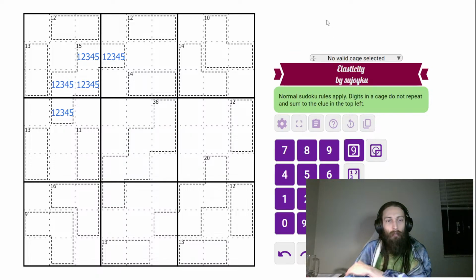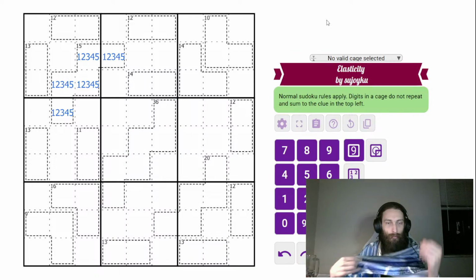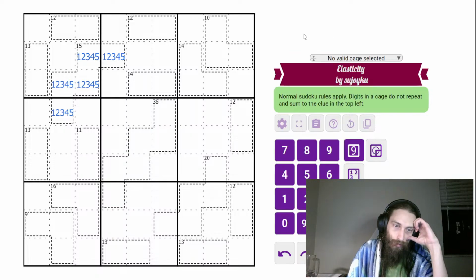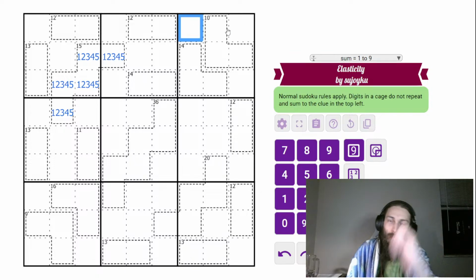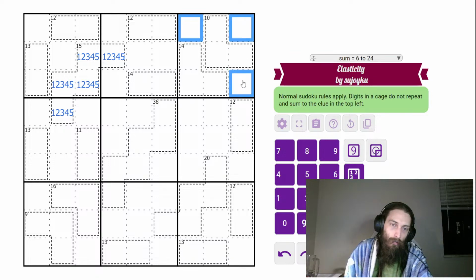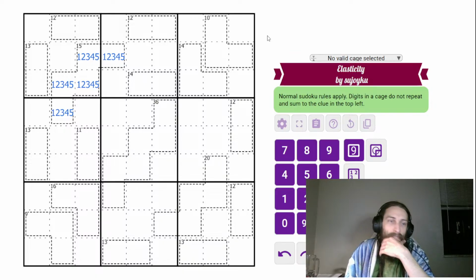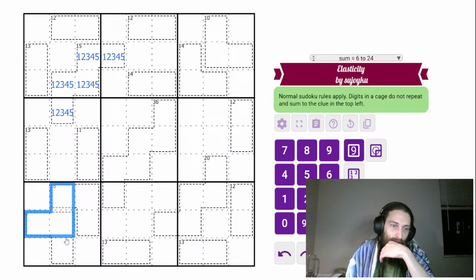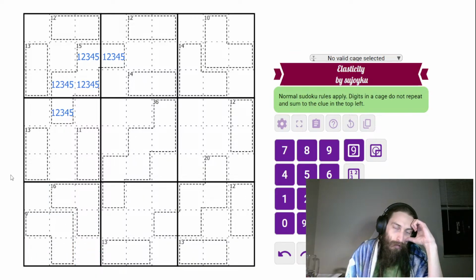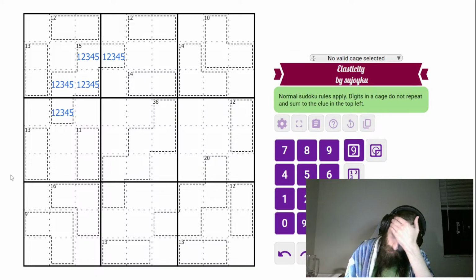Well, we're missing 9, but we can do that in 3 easily enough in multiple ways. 21, yeah, just can't include 1, so 2 and 3. 1, 2, and 3 have to be in the cages. That's 25, so the leftovers are 20, which I think is just 1 and 2 on the outside.